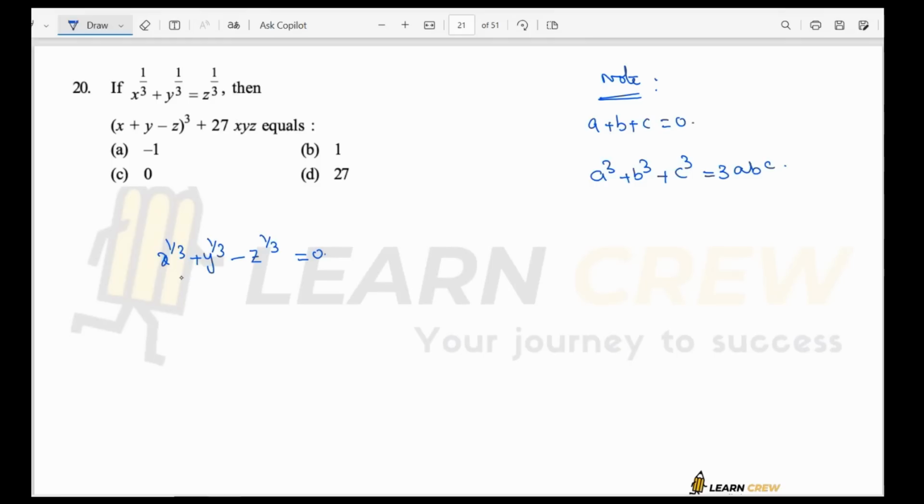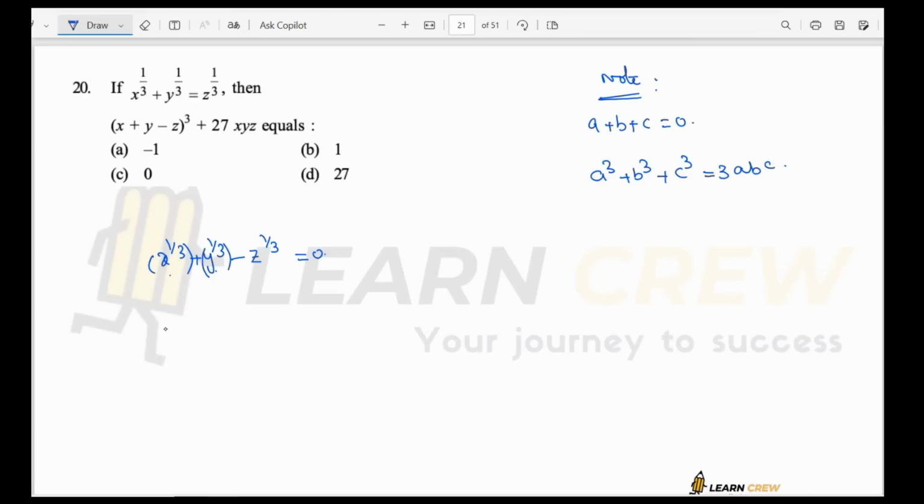Now please observe here. If I am taking x power 1 by 3 as A, y power 1 by 3 as B, minus z power 1 by 3 as C. It is A, it is B, minus z power 1 by 3 is C.